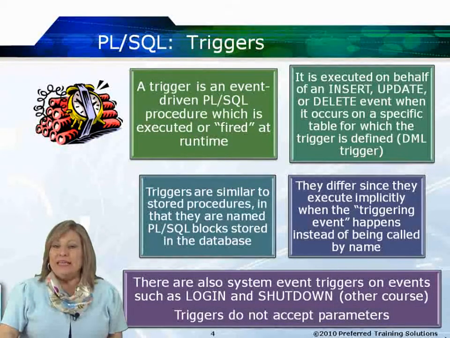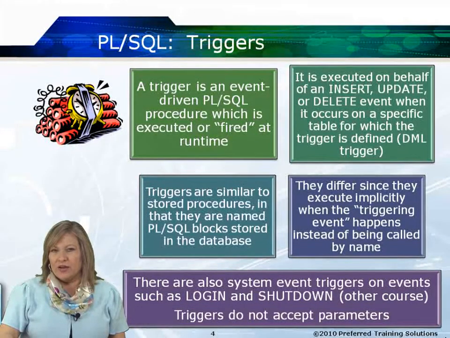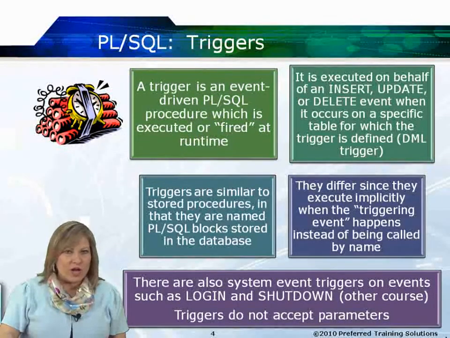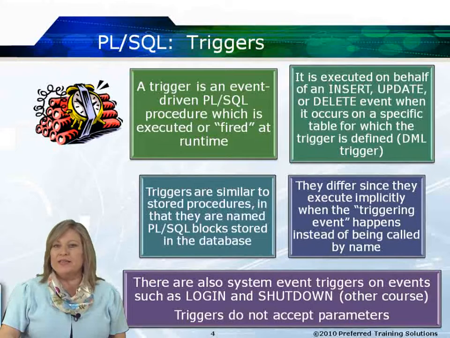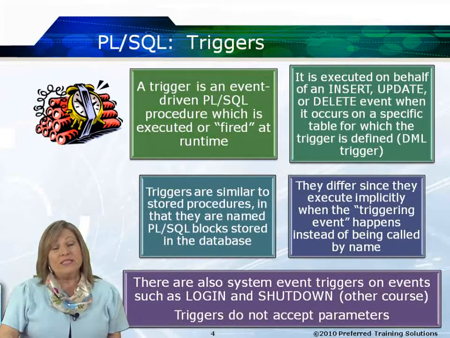Now, besides DML triggers, there are also system event triggers on events like login and shutdown. Those are more like DBA style triggers, and they're covered in other courses. Since triggers are not called, they may not accept any parameters. Again, they're intended to execute based upon the fact that an event has occurred.